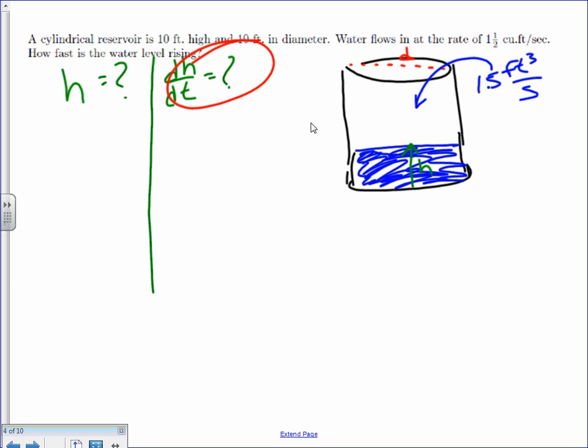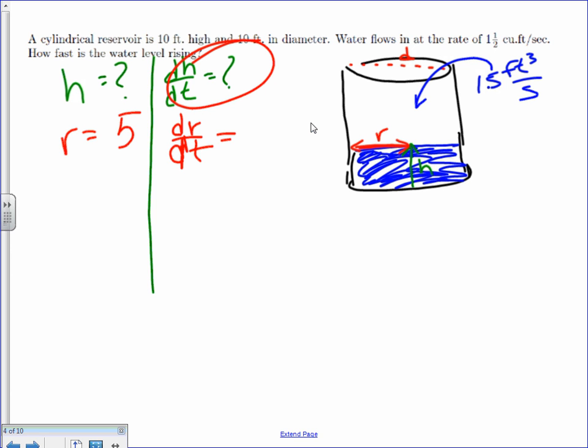Now, what else do we know? I'll go with red. We know this right here. This is going to be useful for us for the problem. We'll call this the radius of the water. Since the whole thing's a cylinder, the water's obviously going to fill up the whole shape. The radius is going to be 5 feet. And now dr/dt.